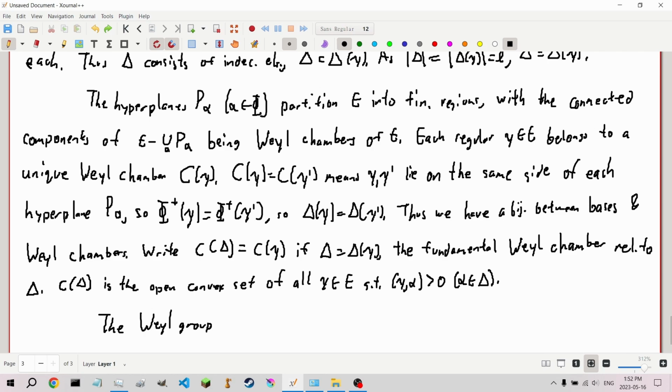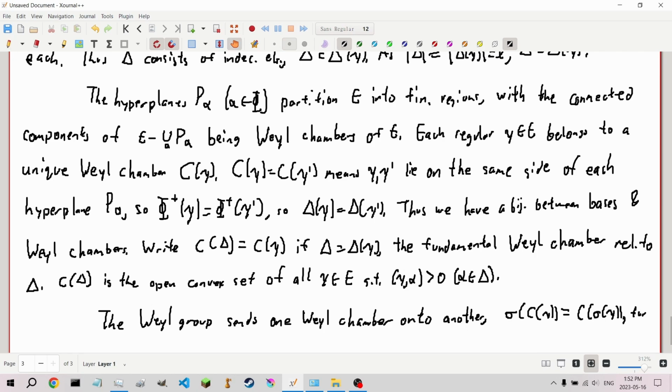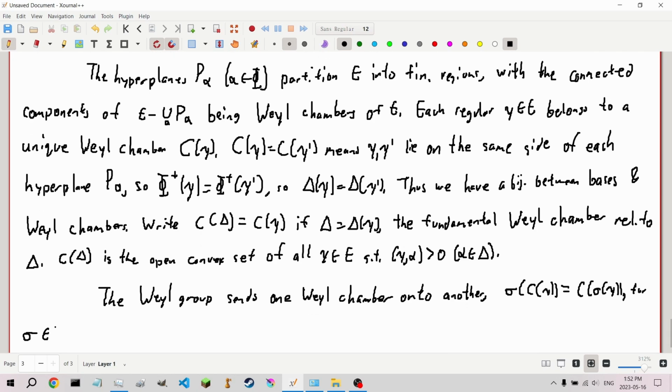The Weyl group sends one Weyl chamber onto another, with sigma of the chamber of gamma being the chamber of sigma of gamma, for sigma an element of the Weyl group and gamma being regular.